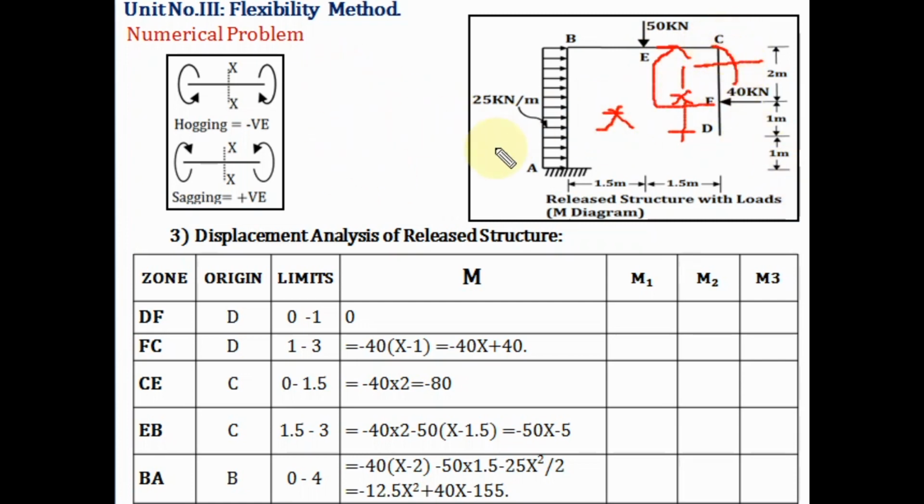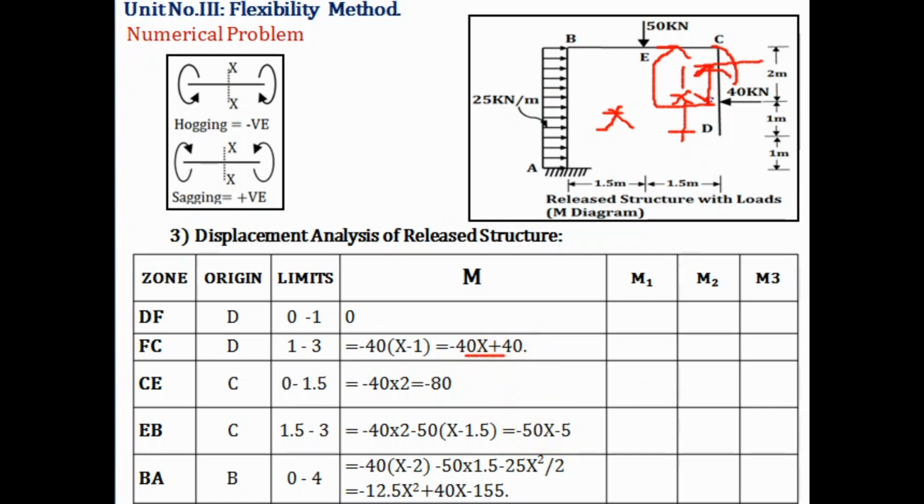So here it is minus. The intensity of force is 40 and we have to find out this distance. This distance will be X minus this much distance, so X minus 1. So bending moment in zone FC is minus 40 into X minus 1. By solving this, we will get this equation.